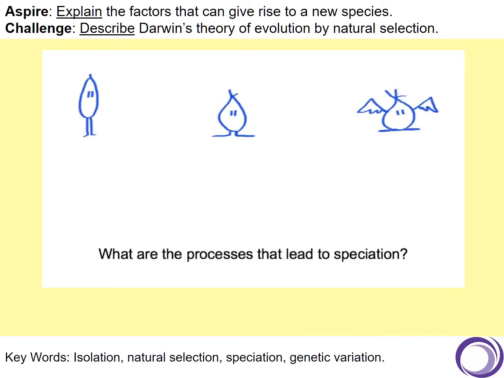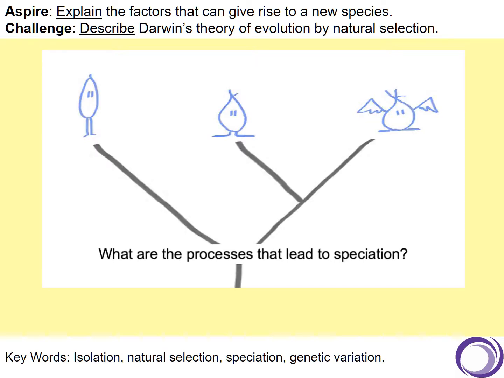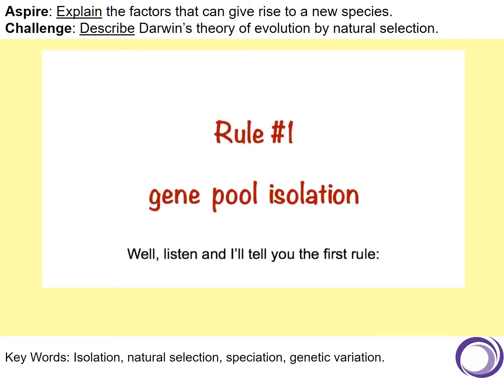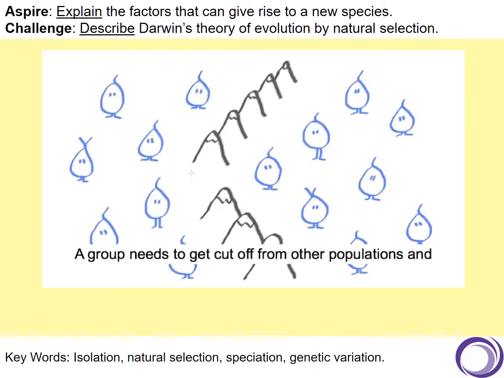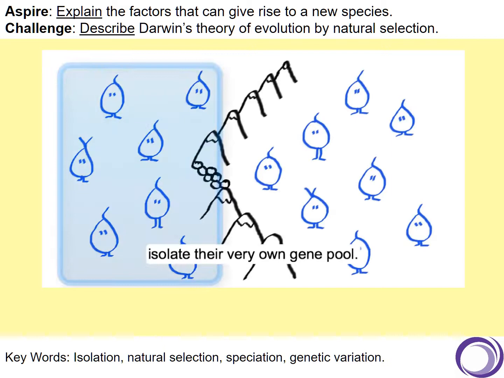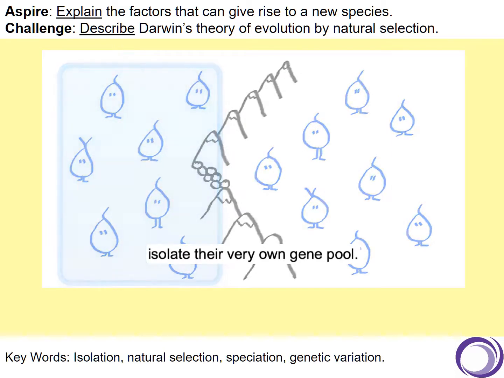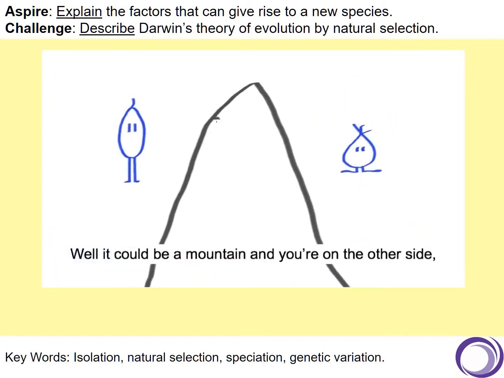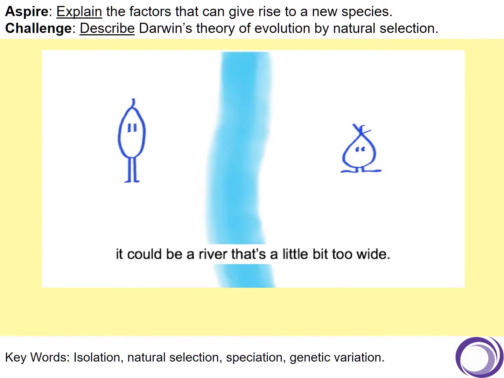What are the processes that lead to speciation? Well, listen and I'll tell you the first rule. A group needs to get cut off from other populations and isolate their very own gene pool. Well, it could be a mountain and you're on the other side. It could be a river that's a little bit too wide.